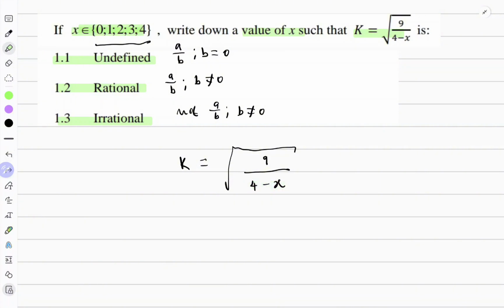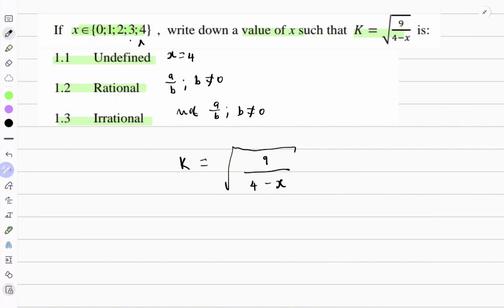So if we take 4, you'll see that if you substitute 4 in the place of x, the denominator becomes 0, and 9 divided by 0 is undefined. So this becomes undefined when x is equal to 4. So for the first case, x is equal to 4.